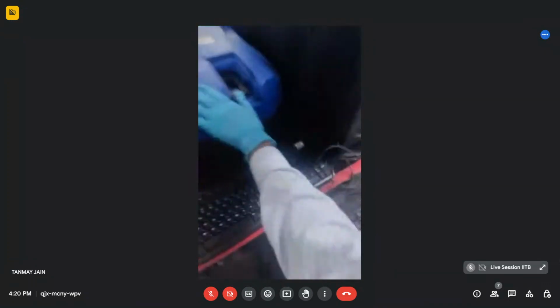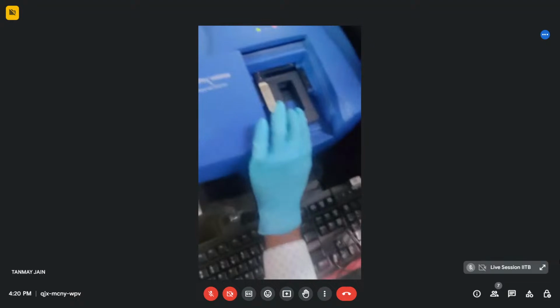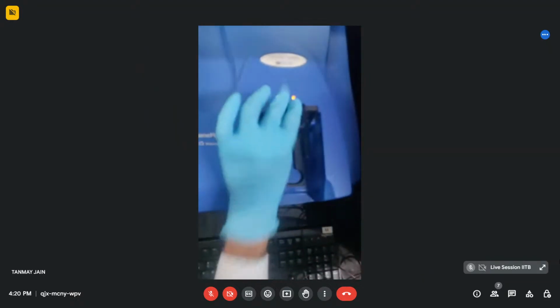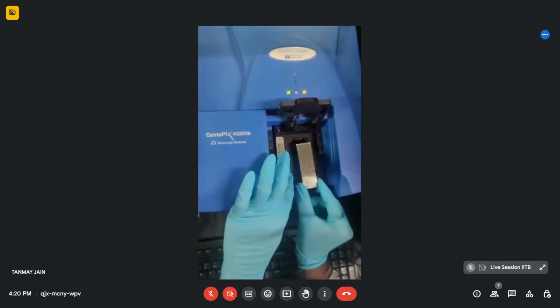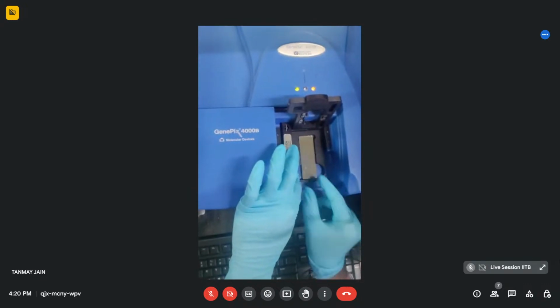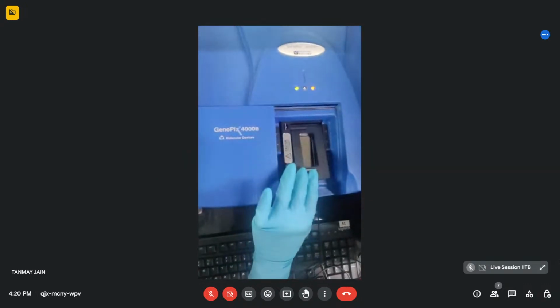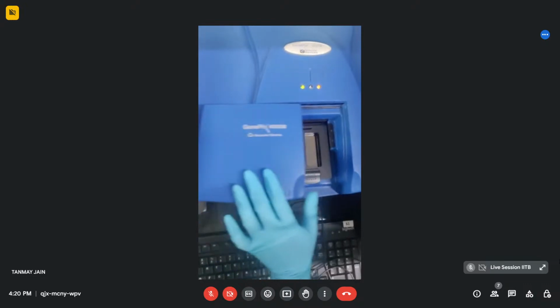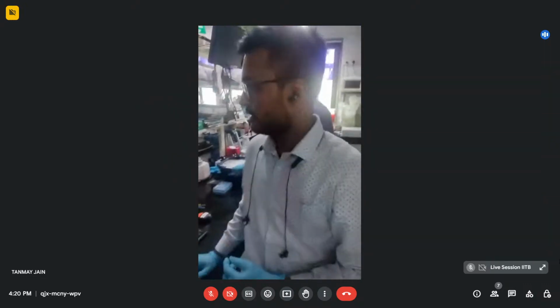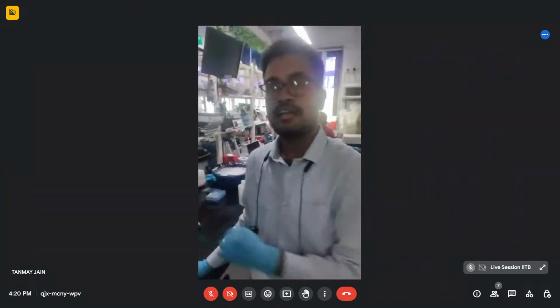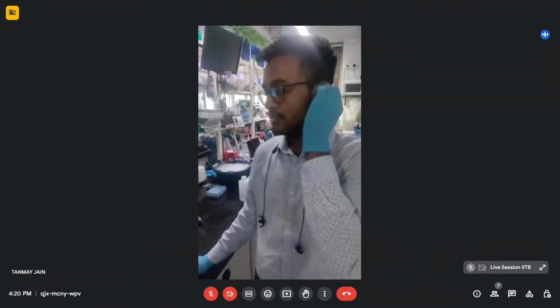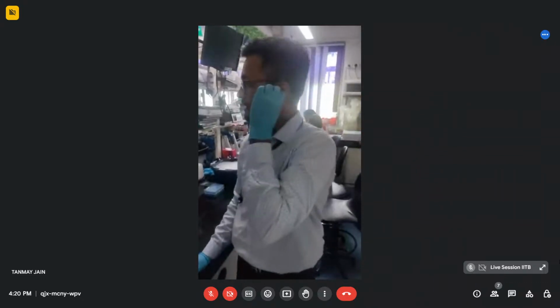Now this is the opening part, and you can see that it is opening. So this slide is already inserted into the scanner. Now we need to scan this particular slide to see the specific signal.